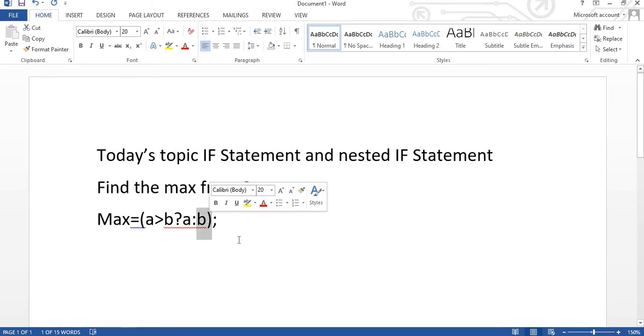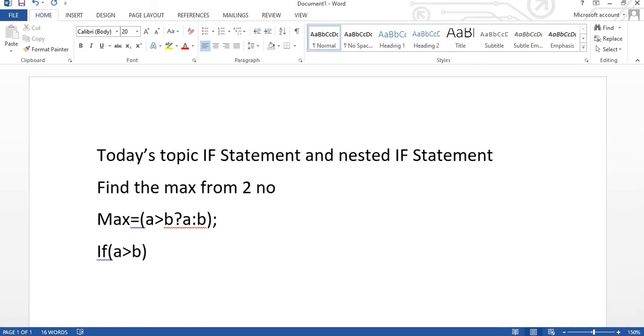So if you use an if statement, we cannot use this one. What we use, we write these things this way. If, in small letters, this condition a greater than b, same condition.